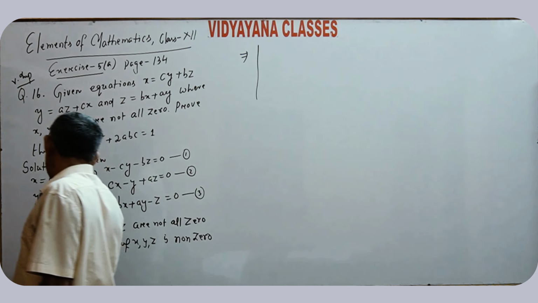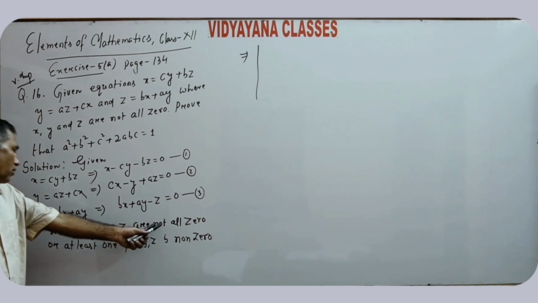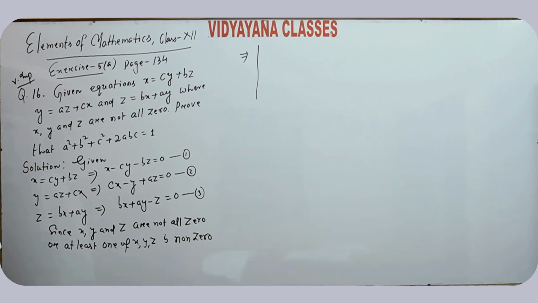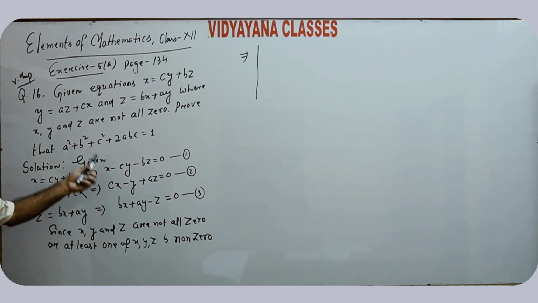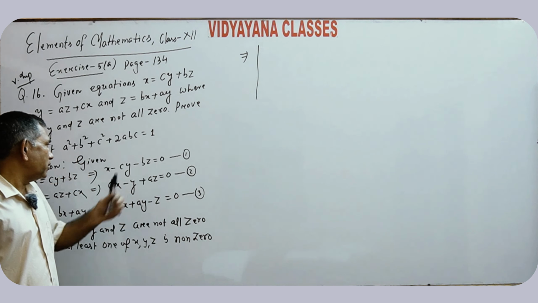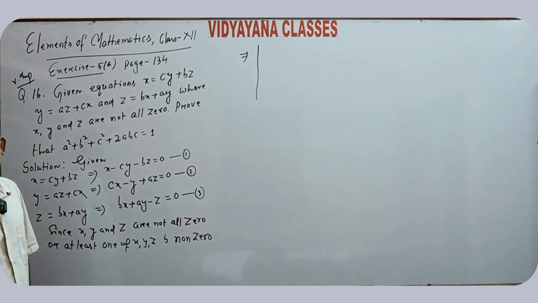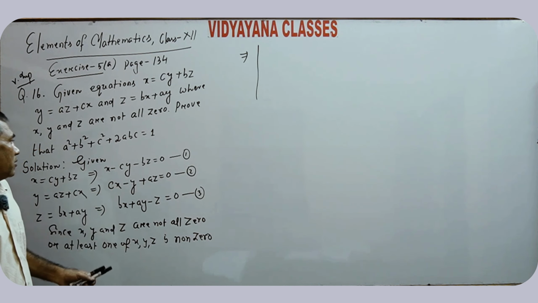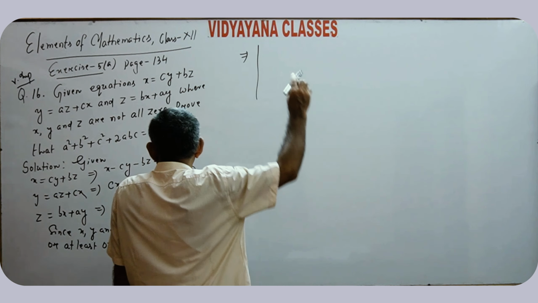In this condition, since x, y, z are not all 0, that means at least one of x, y, z is non-zero, or the system of equations has non-trivial solution or non-zero solution, or the system of equations are concurrent, or elimination of x, y, z from the system implies determinant of the coefficients of x, y, z vanishes.